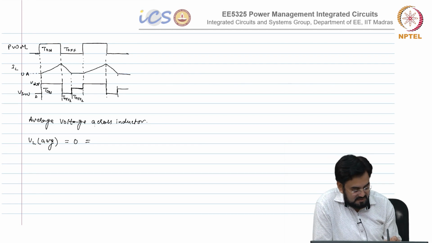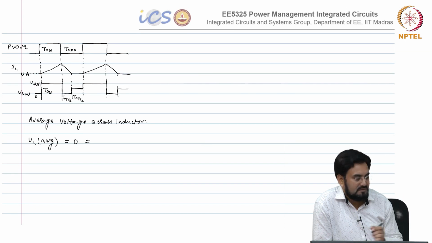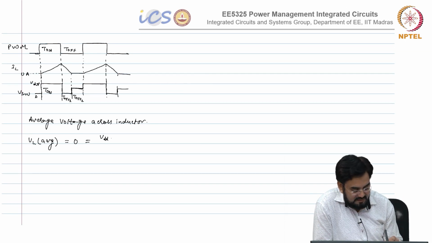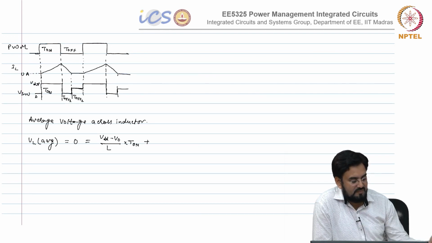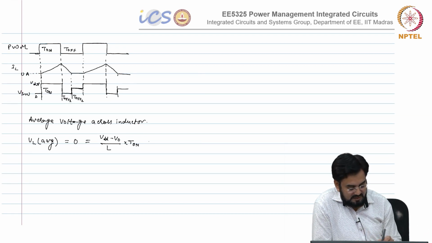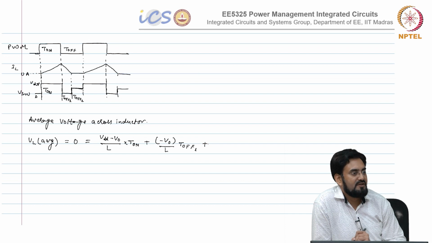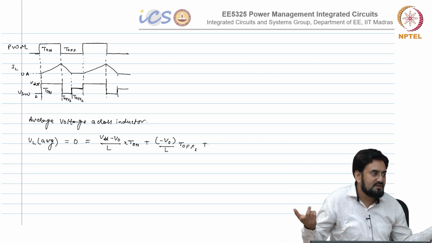So what is the average? So during T on, what is the voltage across the inductor? VDD minus V out over L into T on plus during T off 1, okay, so plus minus V out over L T off 1. And what is the voltage during T off 2? 0, because both nodes are at the same voltage.